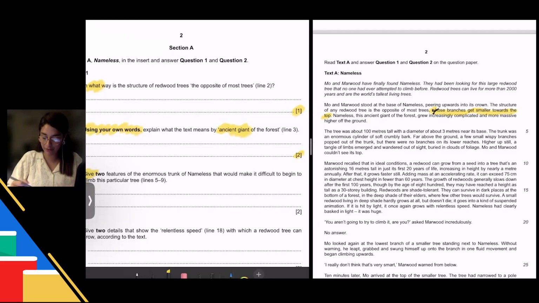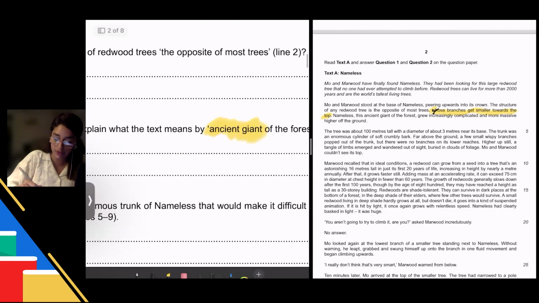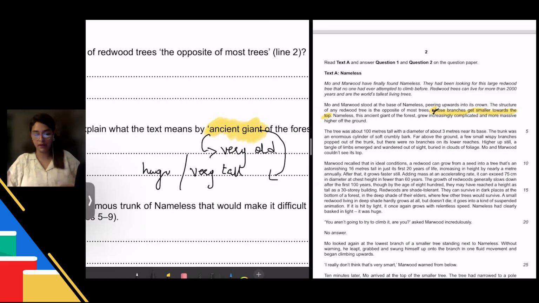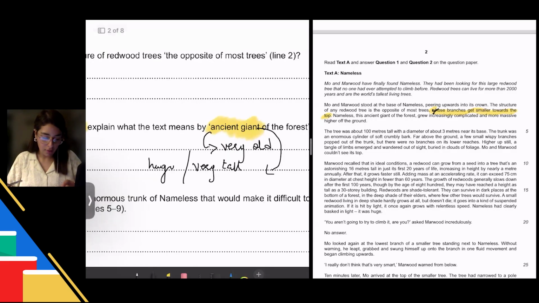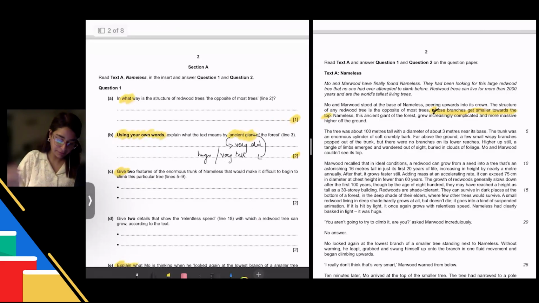If the text is talking about the forest, make sure that whatever you use as your response highlights the idea of what the text actually talks about. Since we're talking about trees, we can say it is very tall. That would be the perfect synonym in this case, and that gets you the 2 marks.